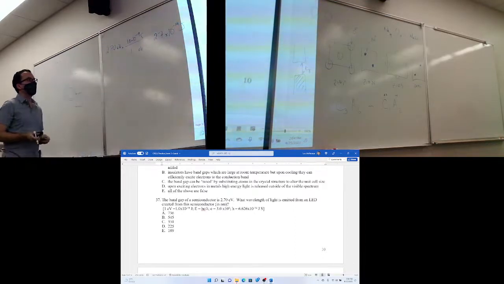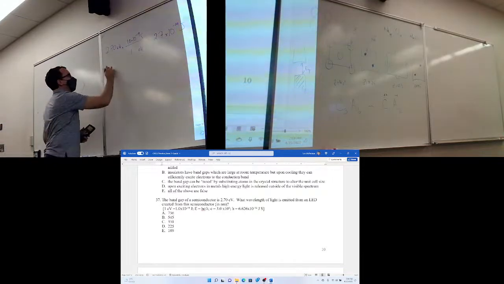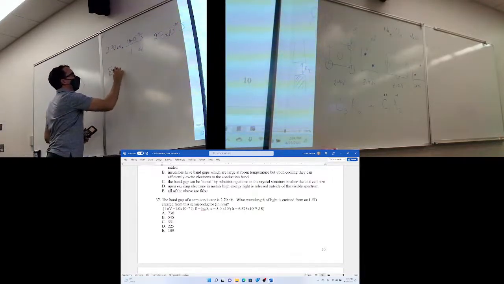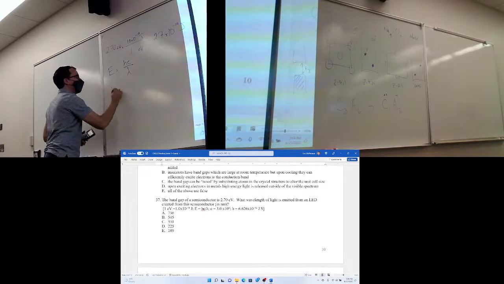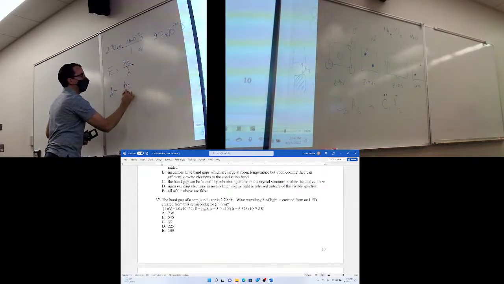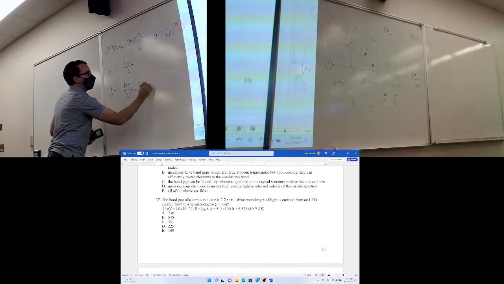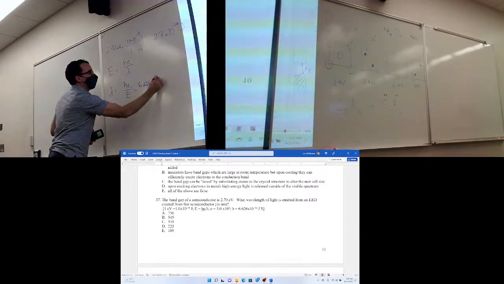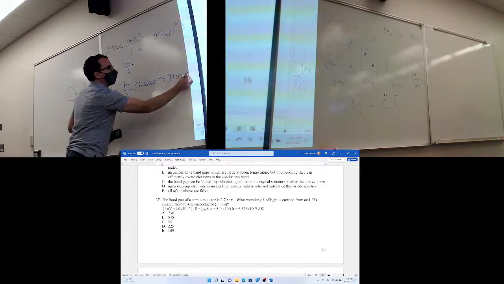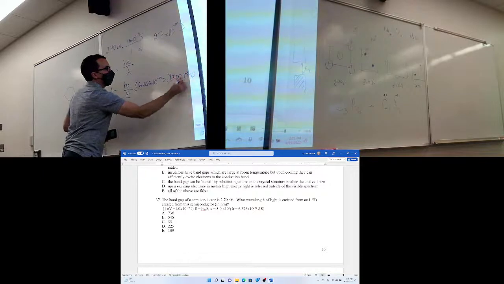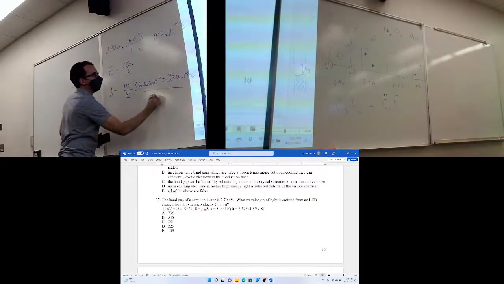There is the energy in joules, and then for energy of a photon, Planck's constant times speed of light over wavelength. I'll rearrange for wavelength. 6.626 times 10 to the minus 34, speed of light, and then finally the energy.